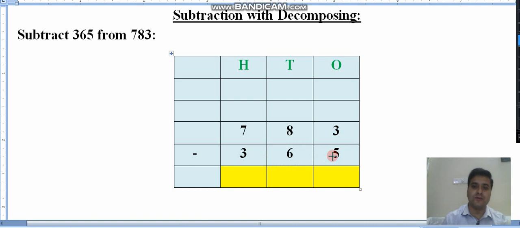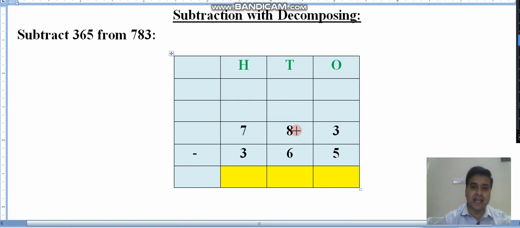I told you we always start subtracting from the extreme right hand side, that is from the lowest place, that is ones place. Now you see here we cannot subtract 5 from 3. So to subtract this we decompose the digit at tens place. At tens place we have 8.